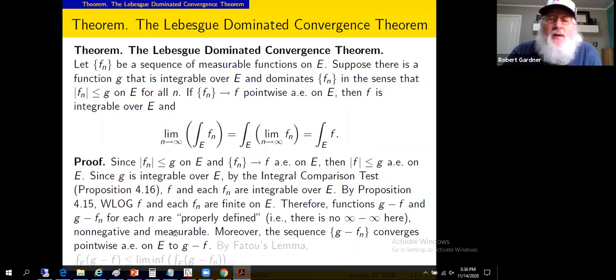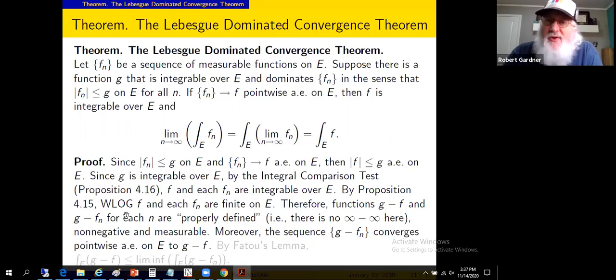All right. Proposition 4.15, I forget exactly what that says, but we can assume we've got finiteness throughout. If we have the infiniteness, then it's going to occur on a set of measure 0. That's what Proposition 4.15 said. If this function, say f, is integrable, then this function f is finite almost everywhere.